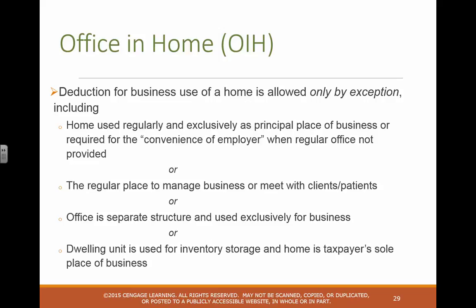If you're an employee, it goes on your Schedule A, employee business expense. If you're self-employed, let's see where it goes on a Schedule C. It's all the way at the bottom, line 30 on your Schedule C. And it tells you that you have to fill out a form.